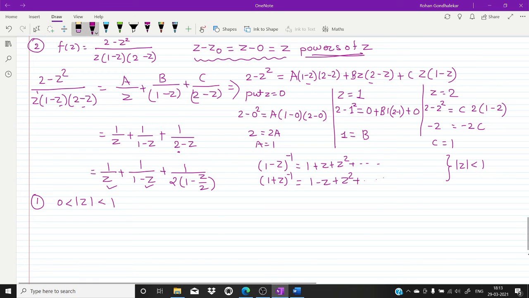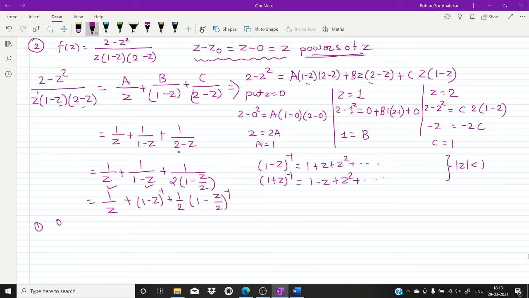Before I proceed with this discussion, I just write these terms with negative powers. First term is already in powers of z. So this is (1 minus z) raised to minus 1 plus 1 by 2 into bracket (1 minus z by 2) raised to minus 1. Now first region, 0 is less than mod z is less than 1.